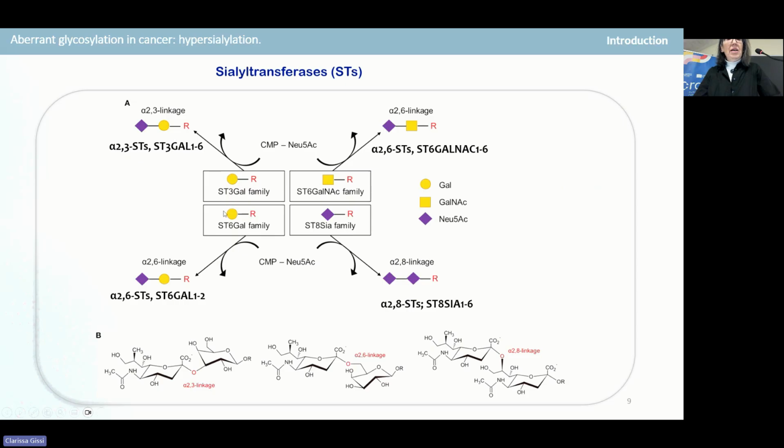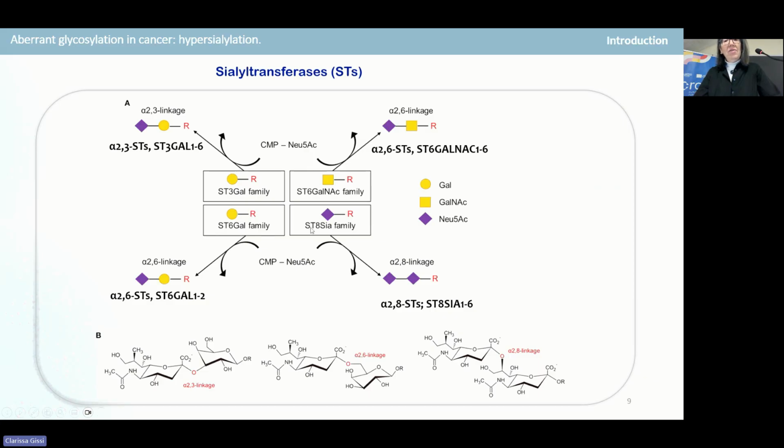Then we have the ST6GAL family that can transfer sialic acid in alpha 2,6 linkage to galactose. Here are the sialyltransferases that are 2 members, ST6GAL1 and 2, or they can transfer sialic acid in alpha 2,6 linkage but to another monosaccharide that is GalNAc.